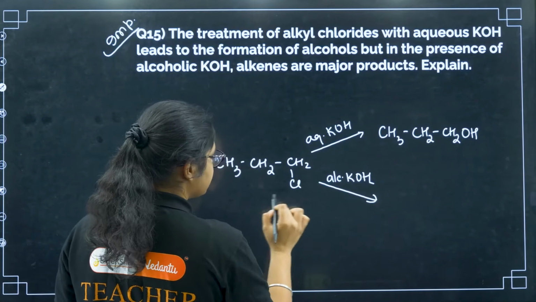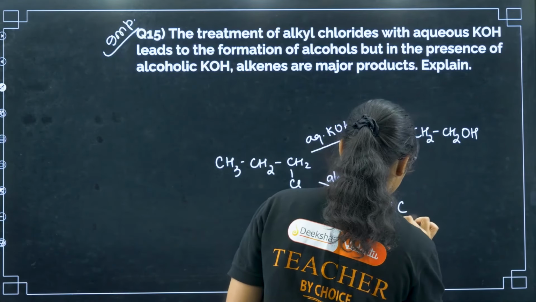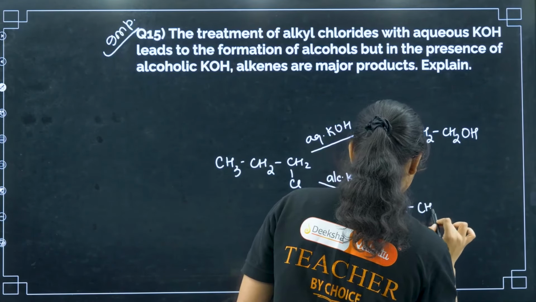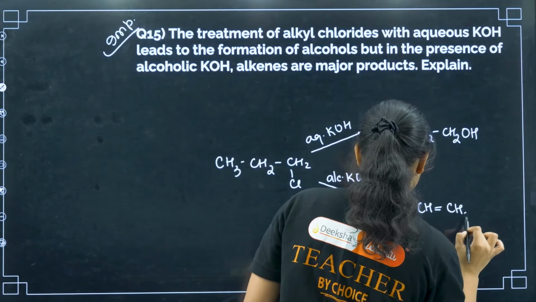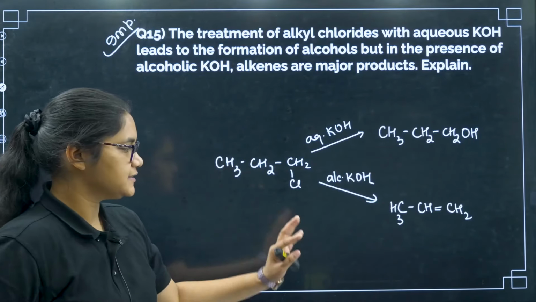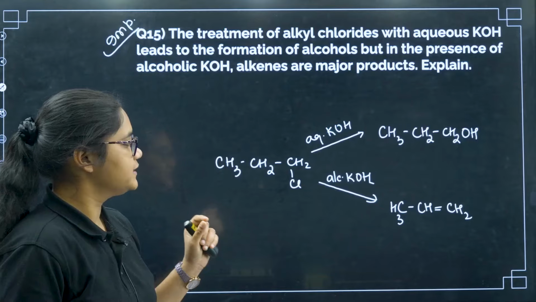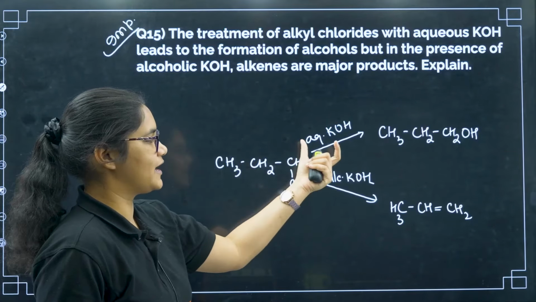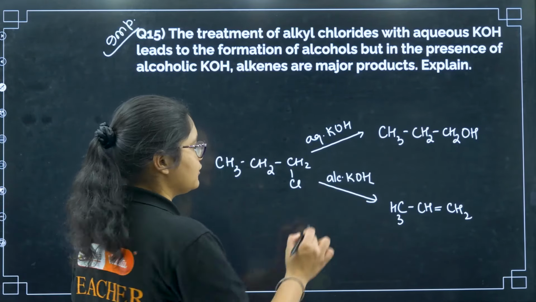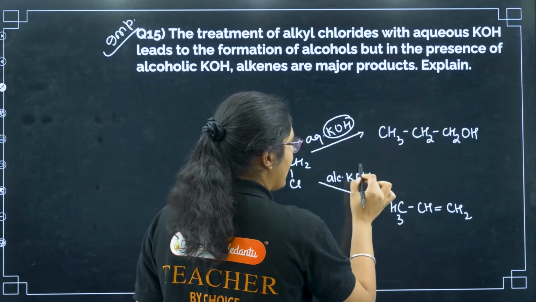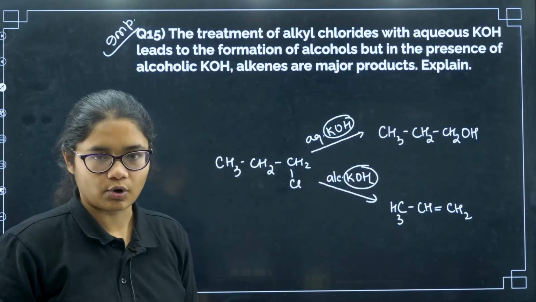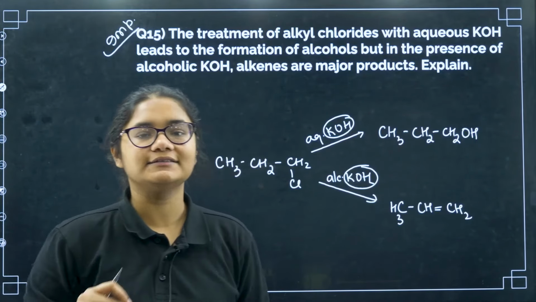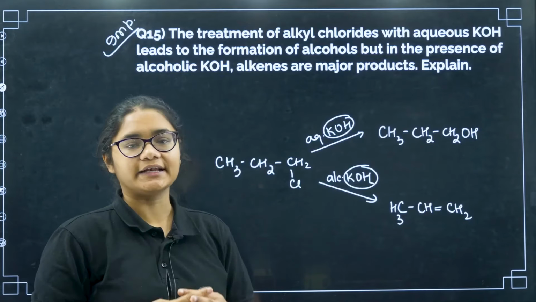So here H and Cl will be removed and we will get an alkene here. Okay, this is the thing. Clear? Now the question is asking what happens when you take aqueous versus alcoholic, right? It means that here you are taking KOH in water and here you are taking KOH in ethanol. So what exactly is happening is that this reaction is completely changing.